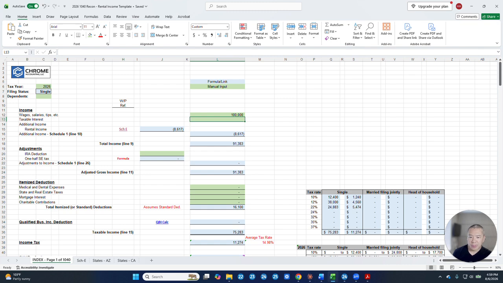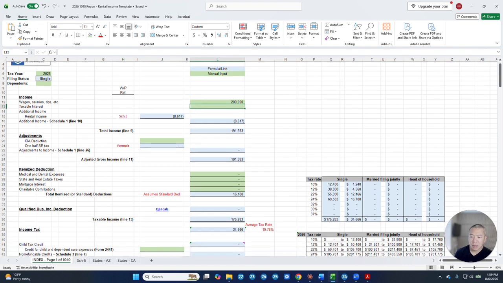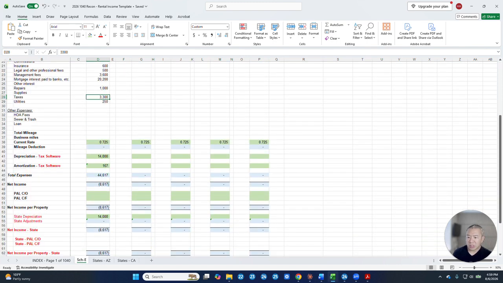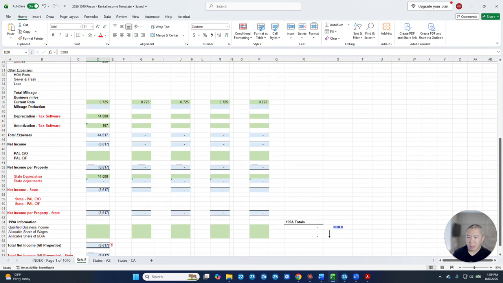Now, if they made $200,000, now that they're over the $150,000 threshold, everything in between $100,000 and $150,000, there's phase out amounts, but I'm just going to go with $200,000, so it's way past the threshold. And so therefore, your rental losses are going to be suspended, so it's going to be carried forward.